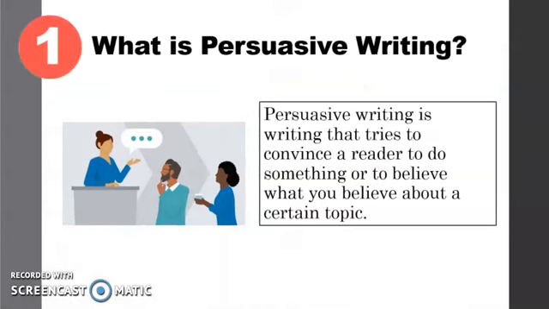Let's begin. Now, what is persuasive writing? Persuasive writing is writing that tries to convince a reader to do something or to believe what you believe about a certain topic.